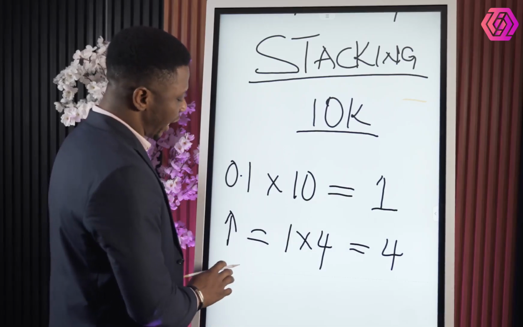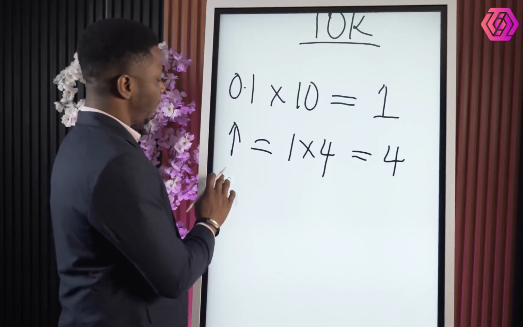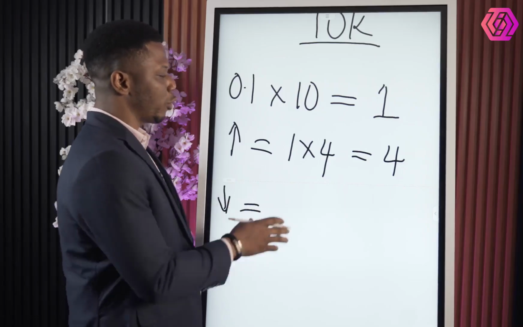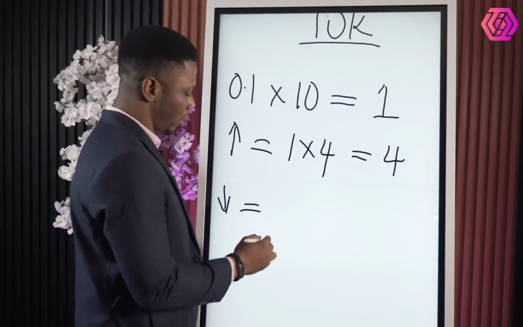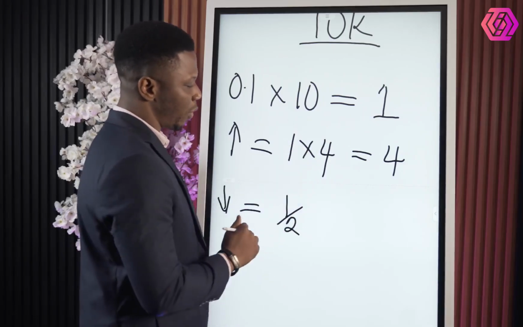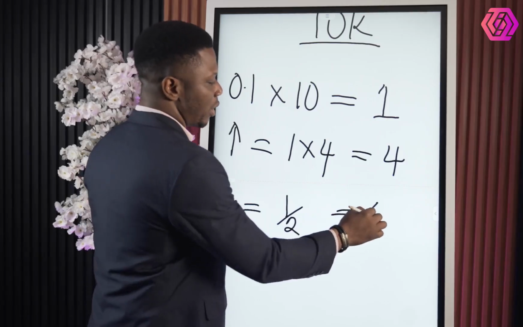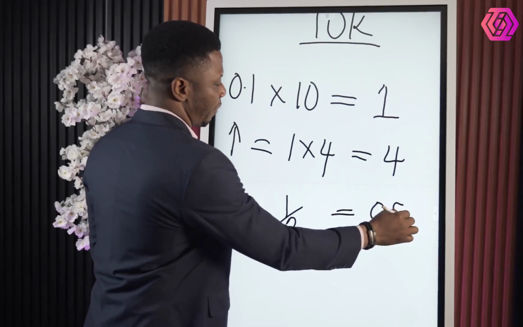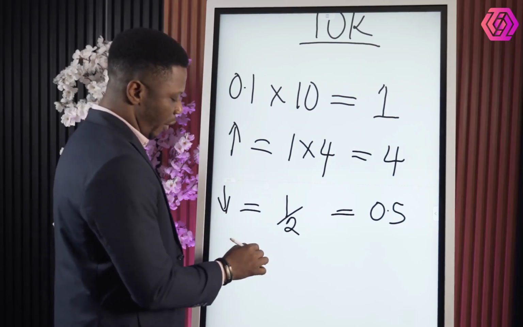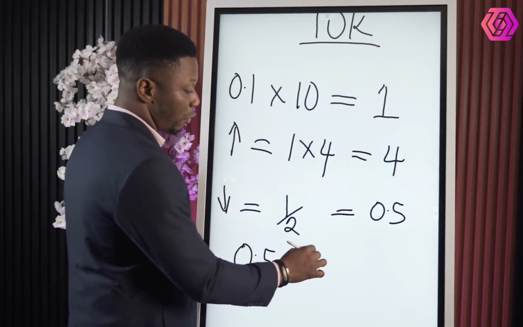Now, let's say you decide to go lower, right? It means that the minimum lot size you can go is half of the starting lot size. Here we are talking about 1/2. The starting lot size 1 divided by 2 will give you 0.5. So your trading range now is 0.5 to 4 standard.